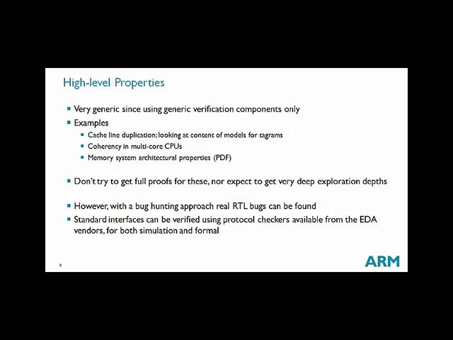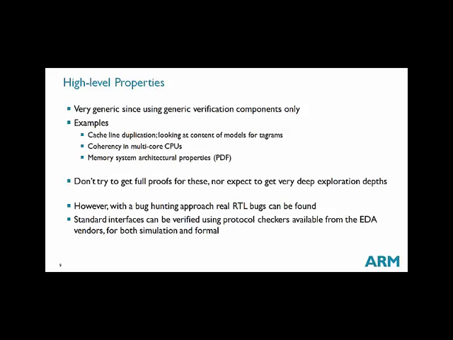Here the properties are more complicated, and the big difficulty with them is that in their cone of influence, they have almost the full design. So the complexity of getting proofs for this is very, very high.